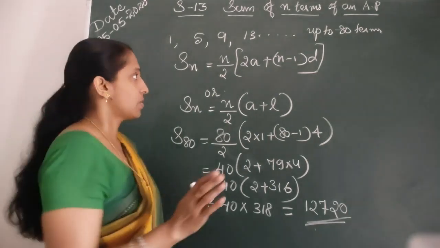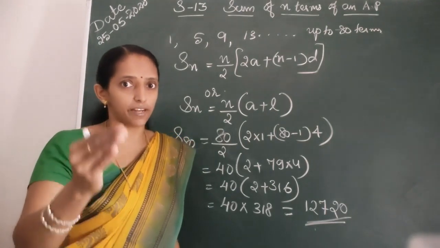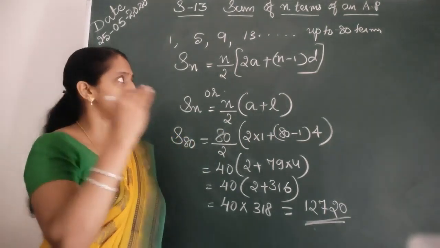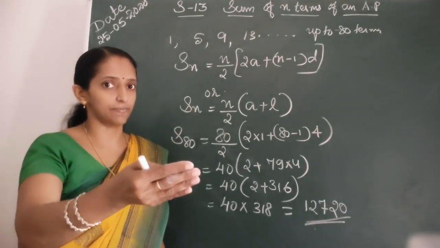Got it? So in the term AP, that means there will be a common difference in the series. A particular fixed number will be added to the previous number, right?